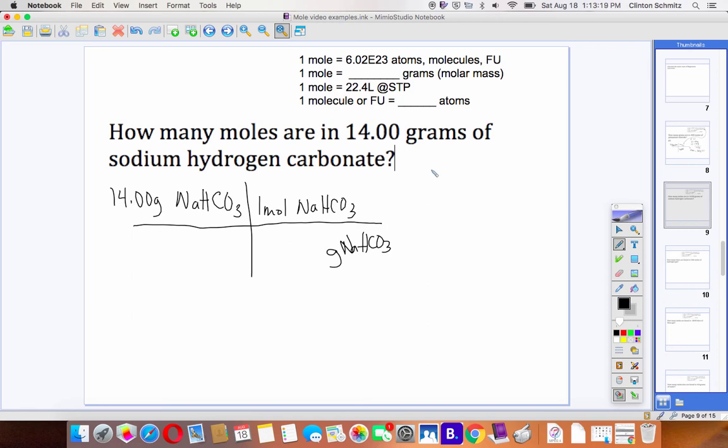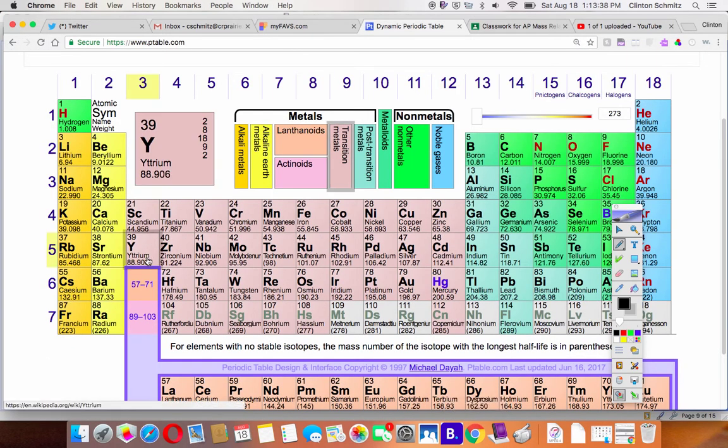Okay, so let's just do it down here. I've got 1 sodium, 1 hydrogen in the formula, 1 carbon, but I've got 3 oxygens. Now sodium, if I look up the mass of sodium, it's 22.9, so I'm just going to put 23. Okay, and hydrogen is 1, carbon is 12.